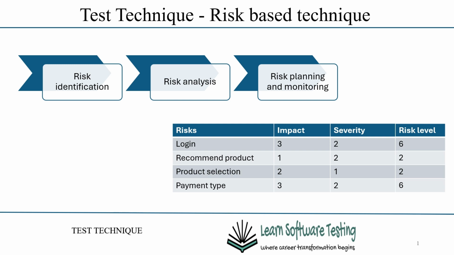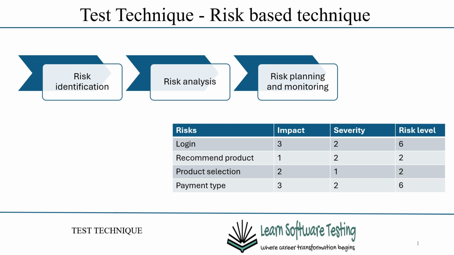So for example, the first feature, login, on row 1 has an impact of 3 and severity of 2, and when you multiply the impact and severity, the risk level becomes 6. And same for the recommended product and the other risks. So the risk level is basically a multiplication of the impact and the severity.